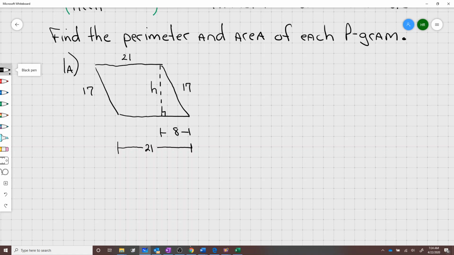So we can use the Pythagorean theorem to find the height here. So our height squared plus our leg squared is going to be equal to this hypotenuse squared. So right here we can subtract 8 squared from each side.